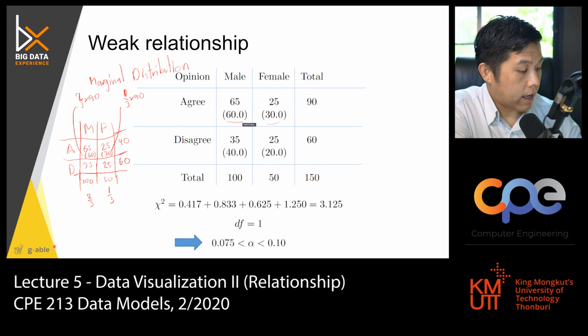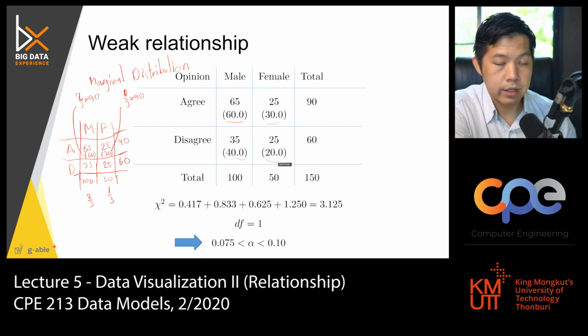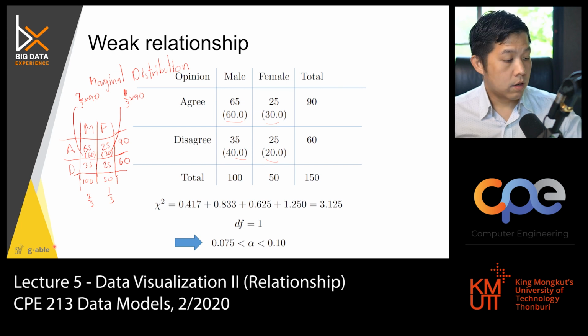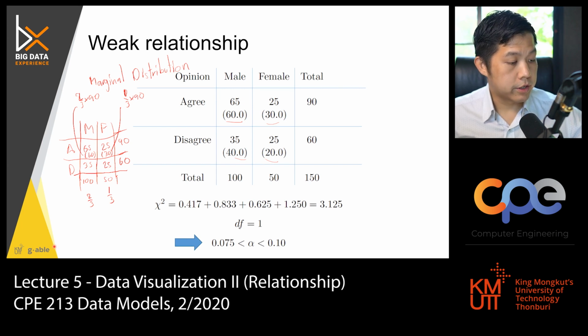And do the same thing down here. You get 40 and 20. Okay. Now, for each of these, we compute the summation.